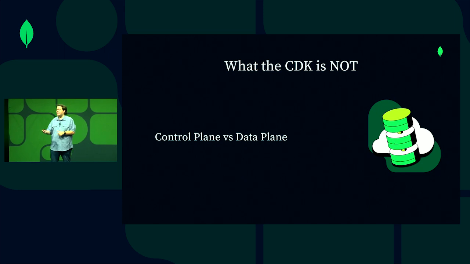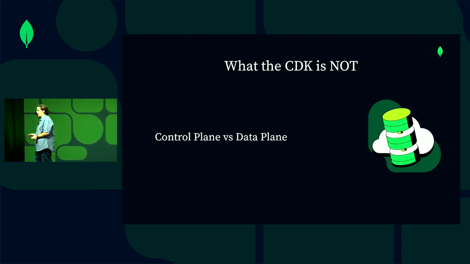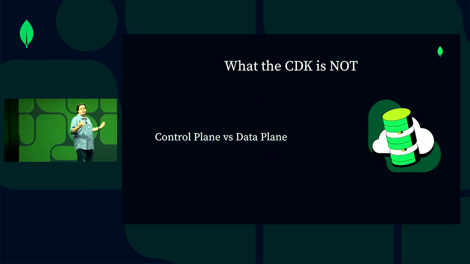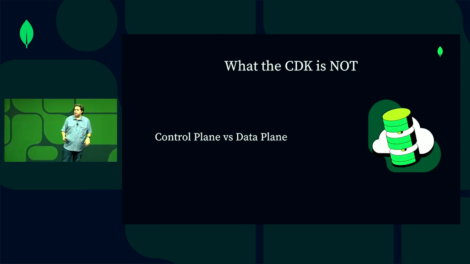But now that we've talked about what it is, let's talk about what it's not. And to do that, you have to kind of understand what a control plane is and what a data plane is. A control plane is this idea of, hey, I have an S3 bucket, I need to put stuff inside of it. But to make that bucket, I have to deal with some APIs that don't deal with the data inside the bucket. I need to call create bucket. I need to change it, I need to call delete bucket, and then create bucket again.